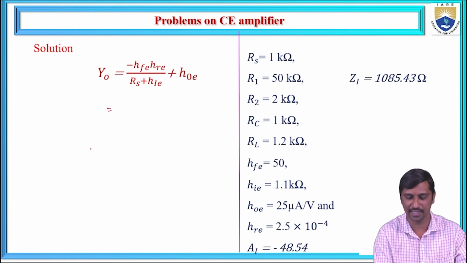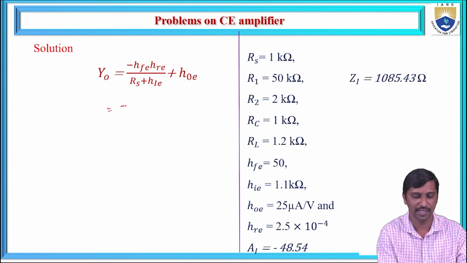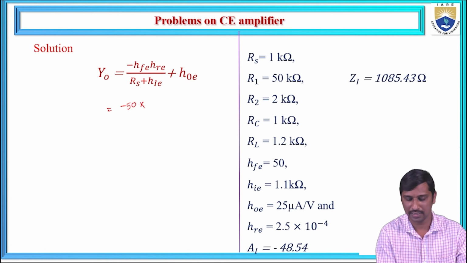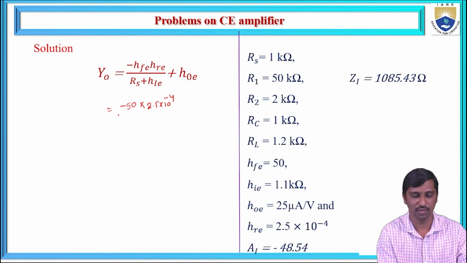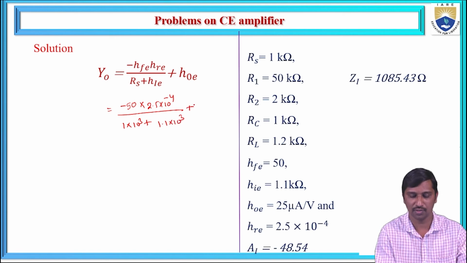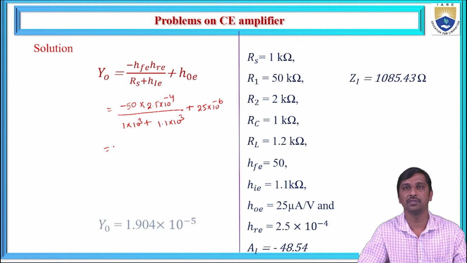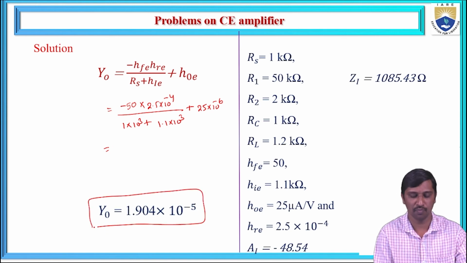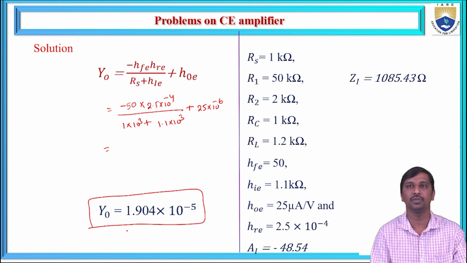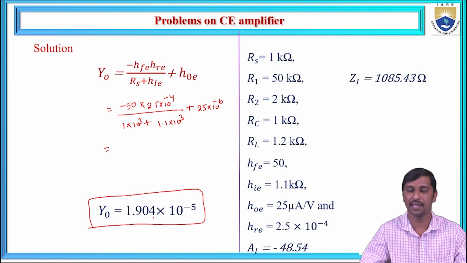Just substitute the specifications. hfe is minus 50, hre is 2.5 into 10 to the power of minus 4, divided by Rs, which is 1 kilo ohm, plus hie, which is 1.1 into 10 to the power 3, plus hoe, which is 25 into 10 to the power of minus 6. To solve this, the Y0 value is 1.904 into 10 to the power of minus 5.